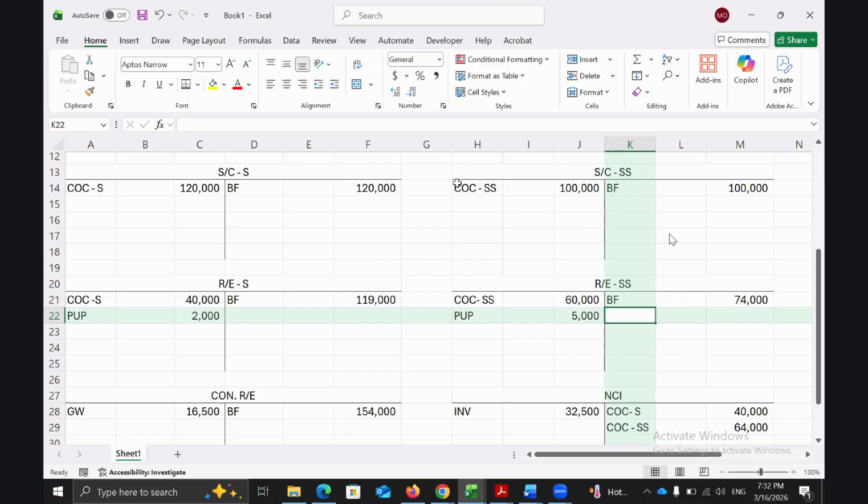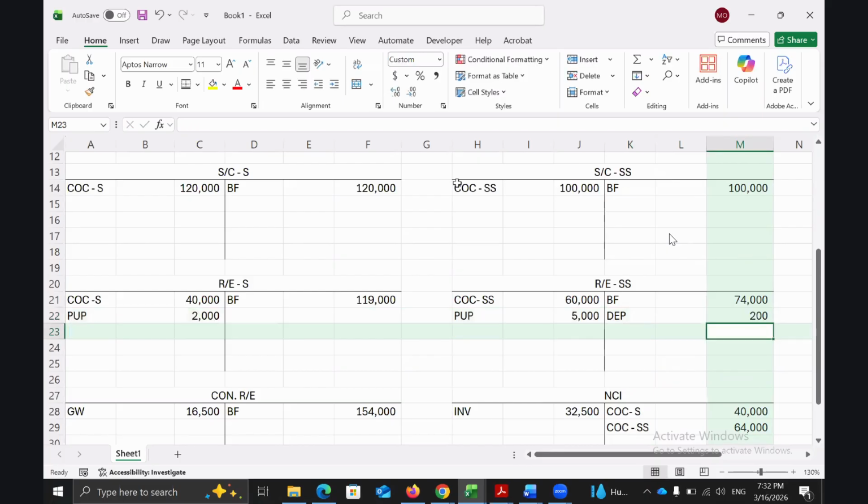Then the property, plant and equipment should be debited by 200, and the retained earnings of SS should be credited by 200. Is it clear?